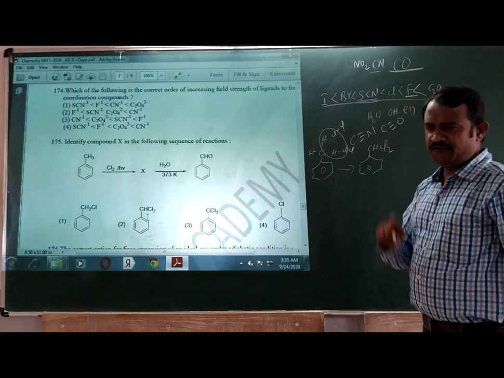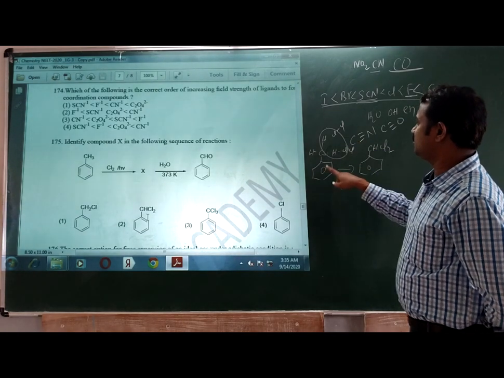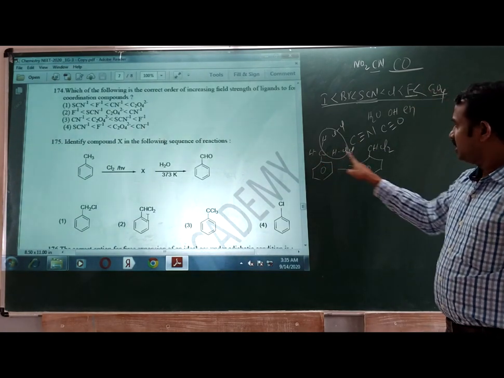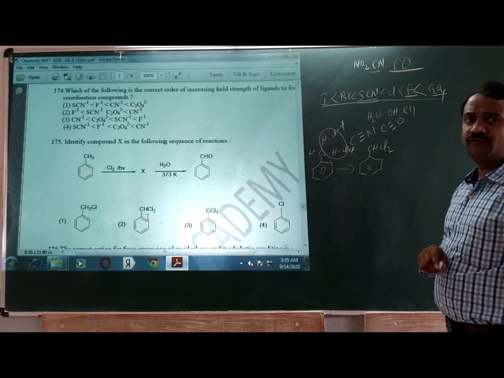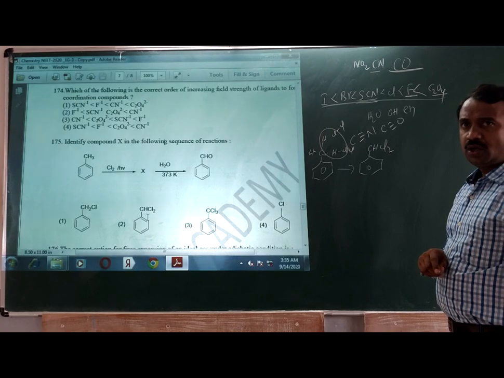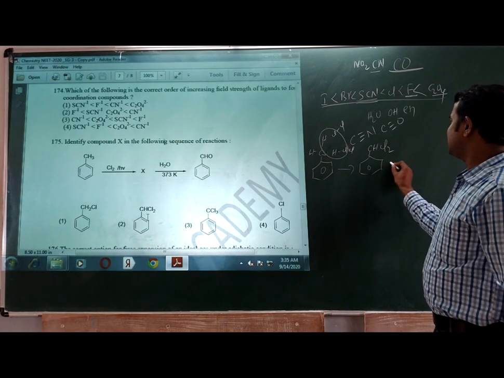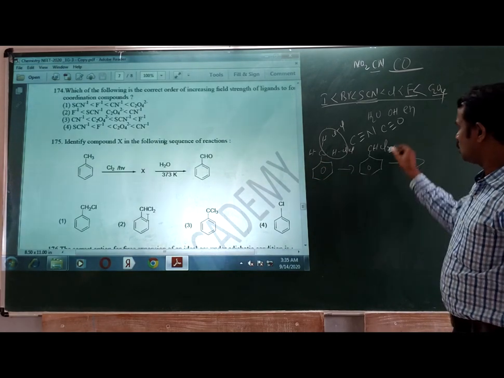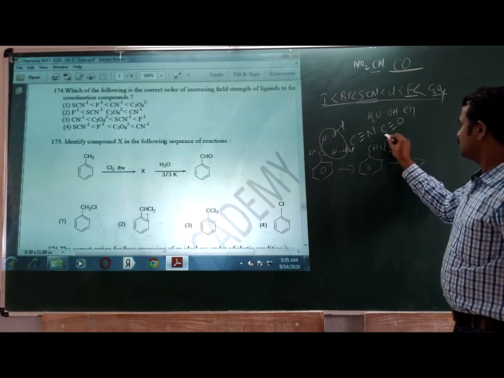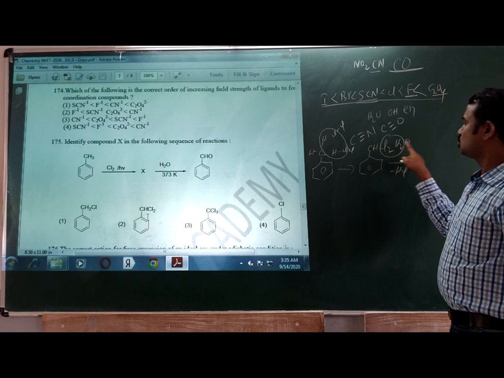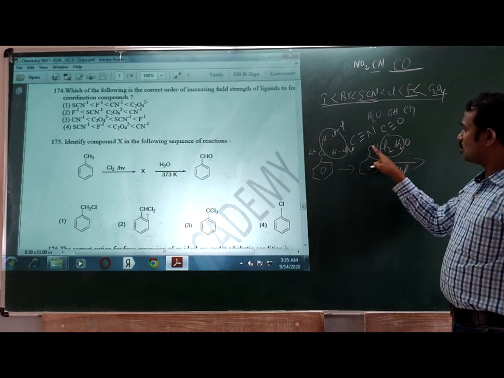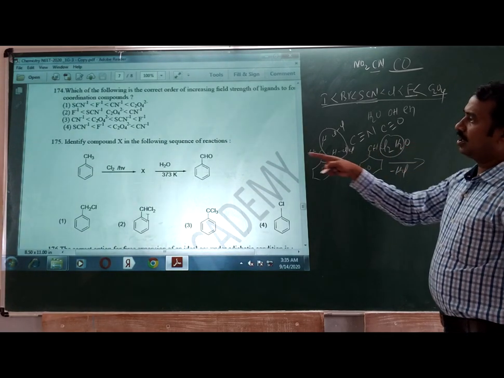If it is 1 molecule of chlorine, you will get benzyl chloride. In the photochemical reaction, the product will be benzal chloride. When it reacts with H2O, water, releasing two molecules of HCl, we will get CHO.